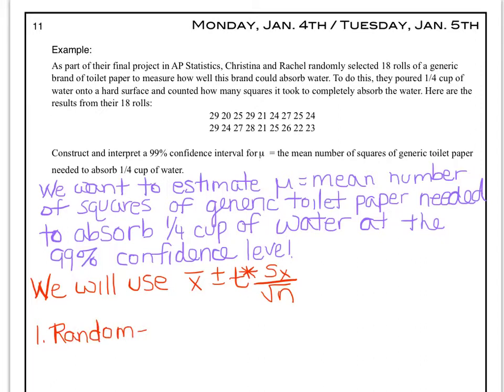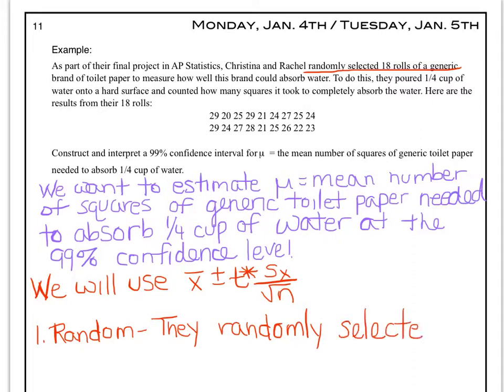They randomly selected the toilet paper, so it meets random.